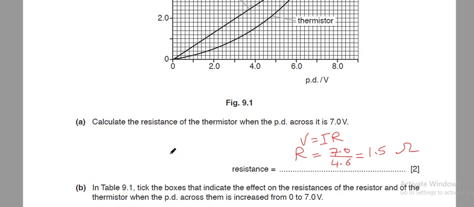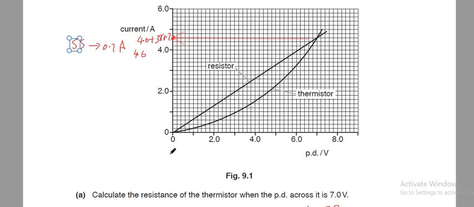With respect to the resistor, we should notice that the slope of this graph is the inverse of resistance, because as we just said, Ohm's law is V equals IR, and the relation drawn here has I on the y-axis, okay, and V on the x-axis.